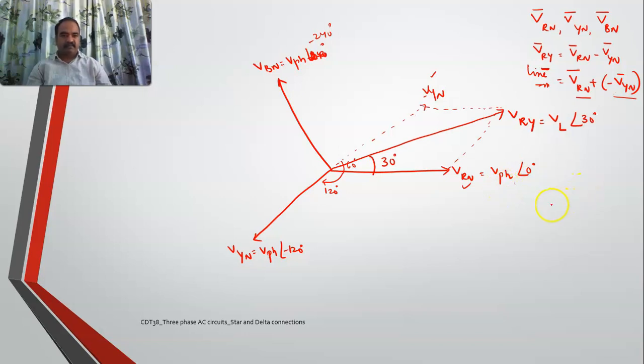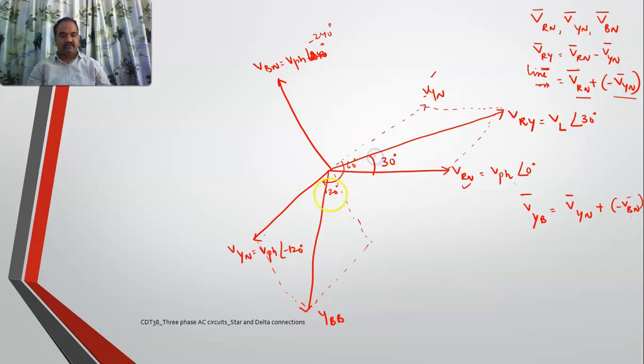Am I clear? Now if I take VYB, it will be VYN plus minus VBN. So this is VYN. What should I add with this one? Minus VBN. So minus VBN will be something like this. If I add these two, this is my VYB. What is its angle?